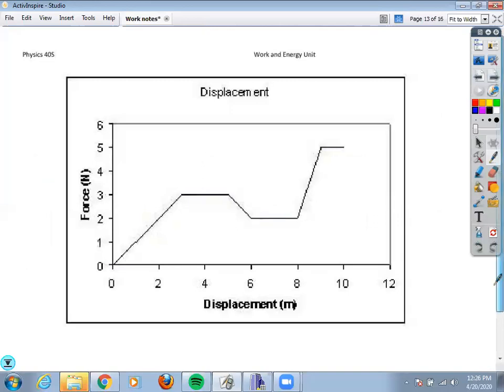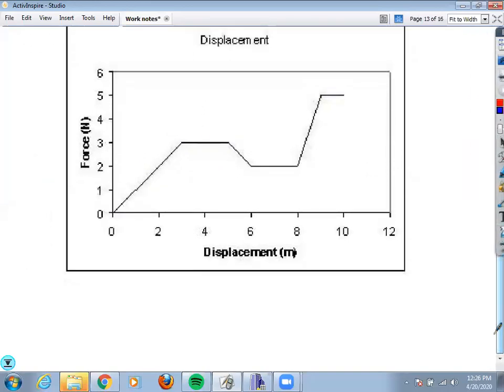So if we're given a graph, here we have displacement, delta D, force F. You can see that we have these line segments. So even though the forces are different, they're constant, or they're changing in a constant manner, and thus we have these straight line segments.